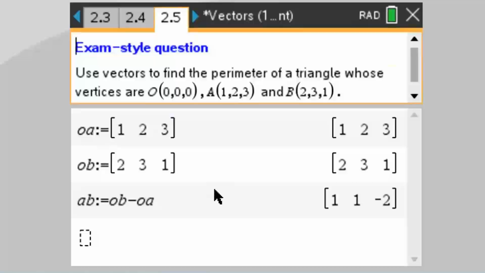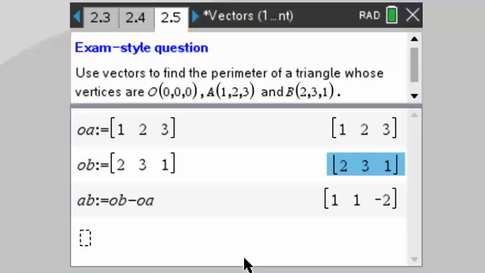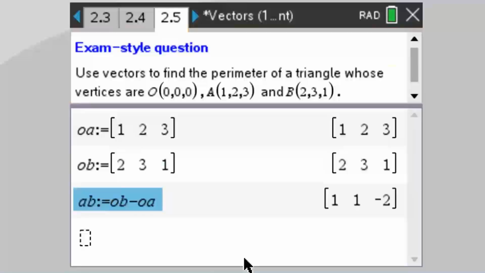What I've already done is assign vector OA to be I plus 2J plus 3K. I've assigned vector OB to be 2I plus 3J plus K. And then the remaining vector is the position vector AB, and that's given by OB minus OA.